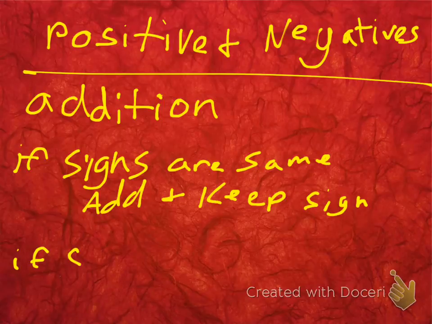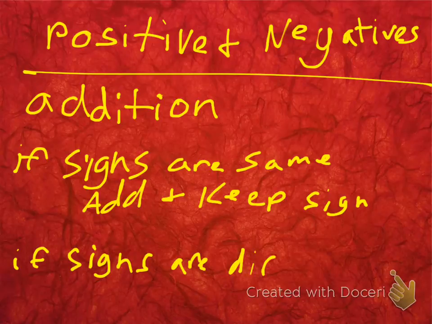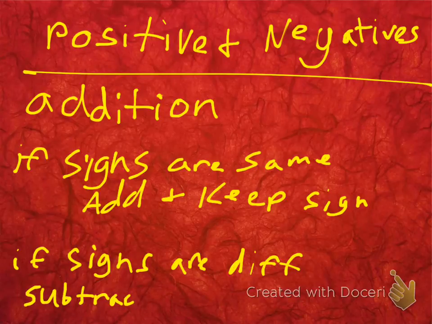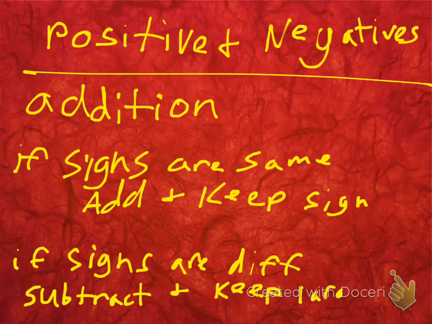If signs are different, you're going to subtract and keep the larger number sign.